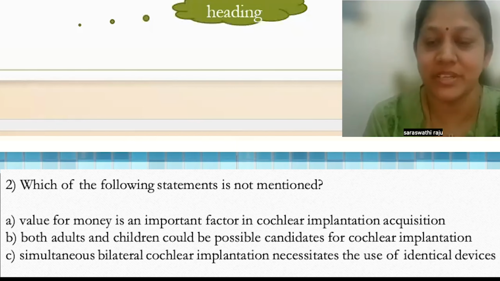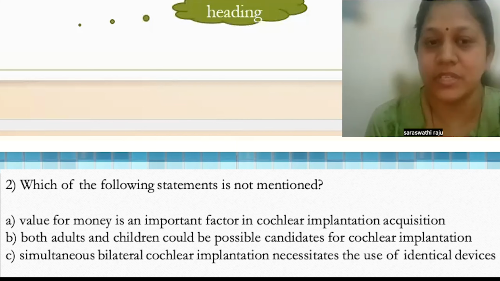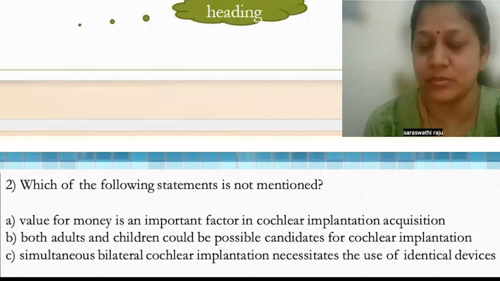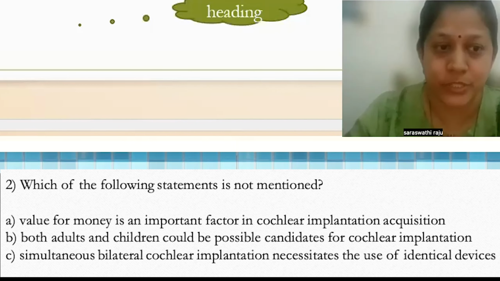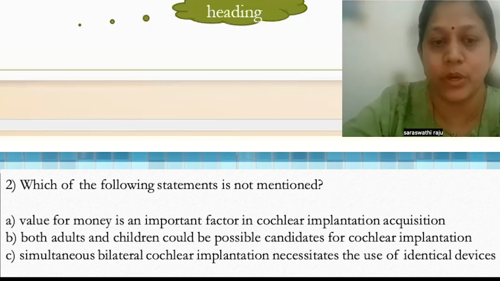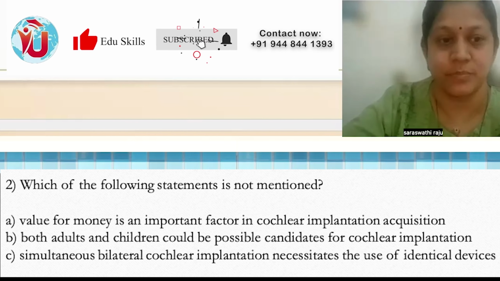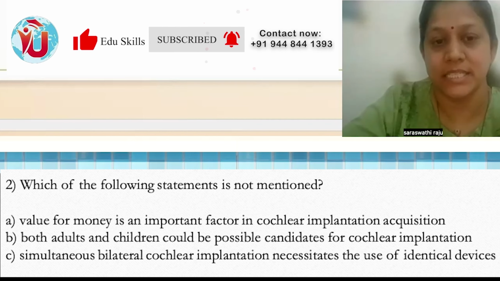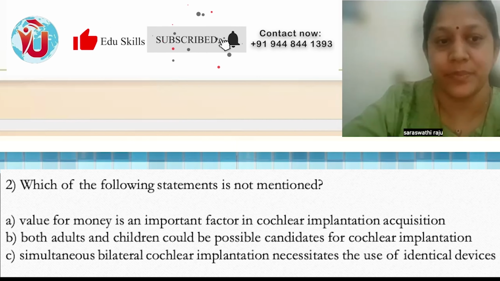I think it will be very easy because we can read the full text. Which one is not mentioned, we can identify easily. So we will read the question and options first. Option A, value for money is an important factor in cochlear implantation acquisition. Option B, both adults and children could be possible candidates for cochlear implantation.